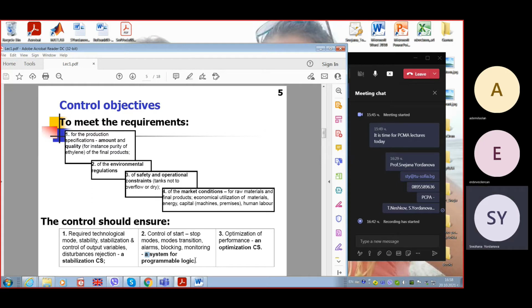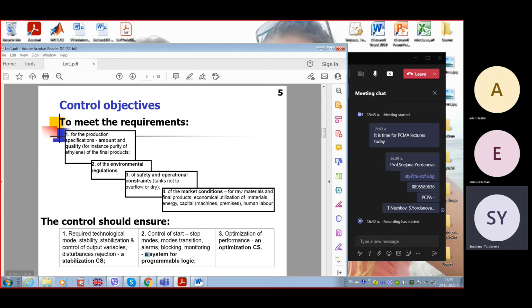Next is the programmable logic control, where programmable logic controllers are used at full range. They include controllers for stabilization, but also they can control start-stop operations, transition from one operation point or one mode to another, treatment of or response to alarms, monitoring, even adaptation.